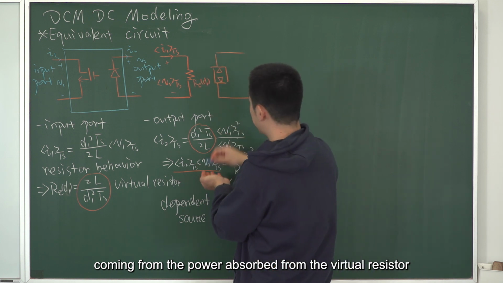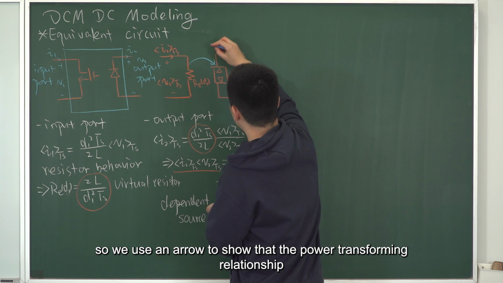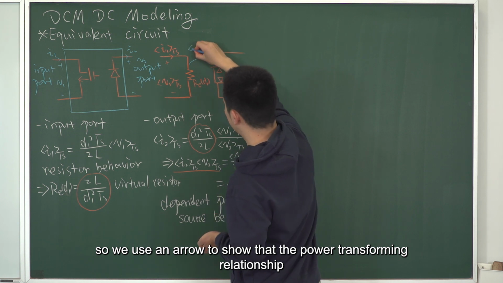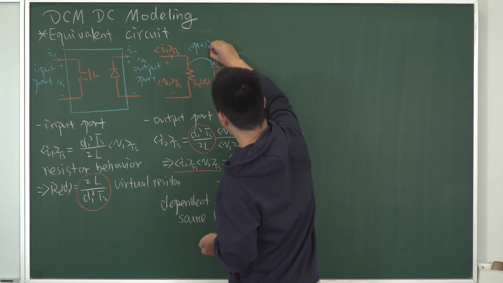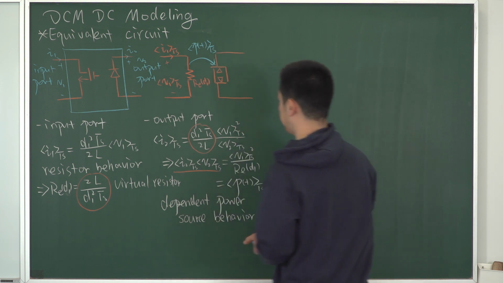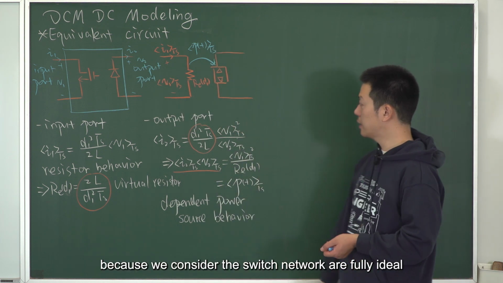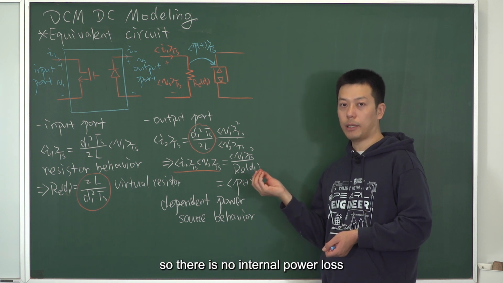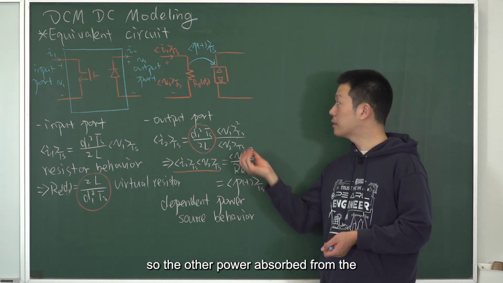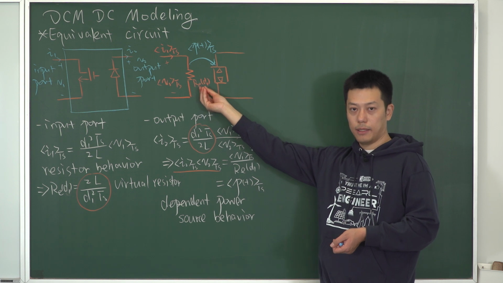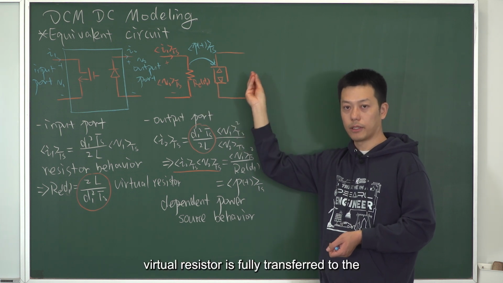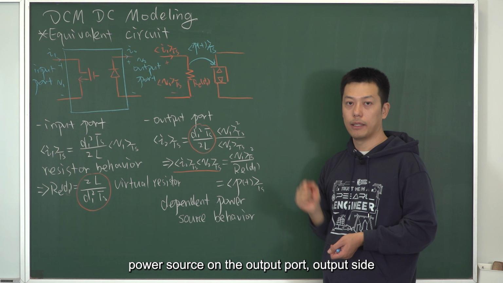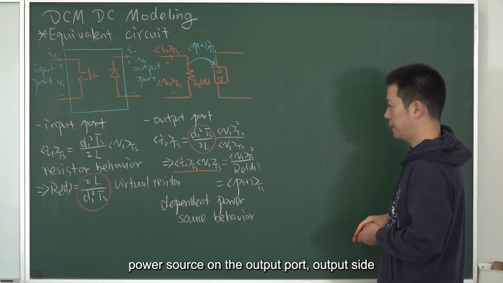So we use an arrow to show that power transferring relationship. Because we consider the switch network to be fully ideal, so there is no internal power loss, right? So all the power absorbed from the virtual resistor is fully transferred to the power source on the output port, output side.